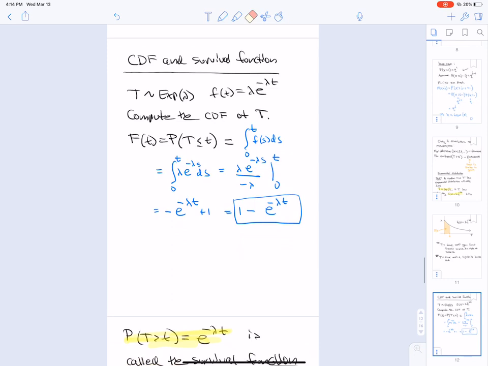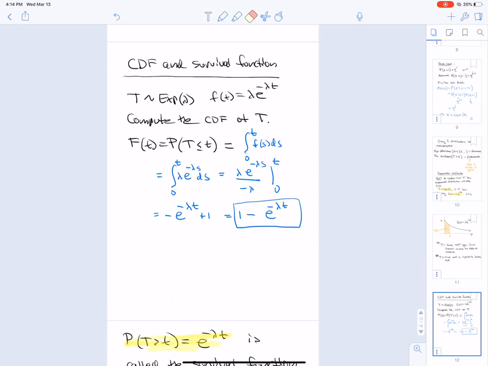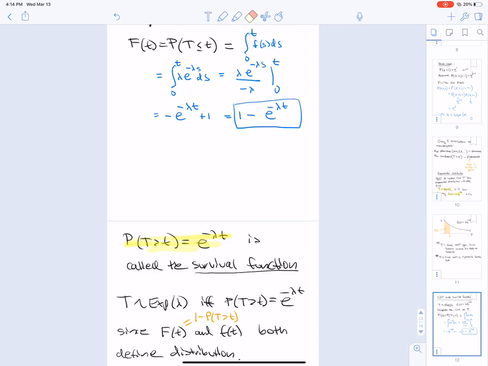And we can find the CDF and survival function very easily. So the CDF is just a calculation, and then the survival function is defined as 1 minus the CDF, or in other words, the probability that T is greater than t. It's called a survival function because if you think of success as death, the probability that T is greater than t means that you're surviving at least till time t.